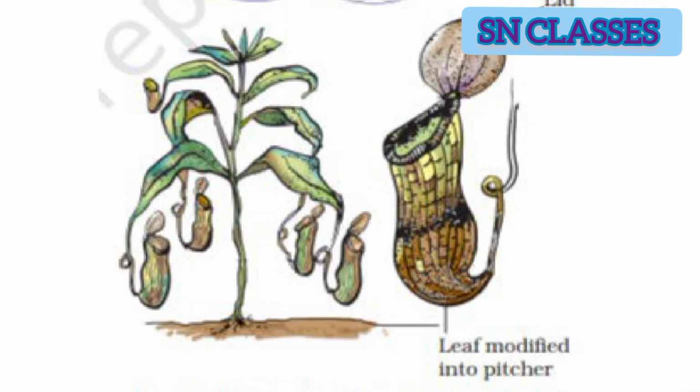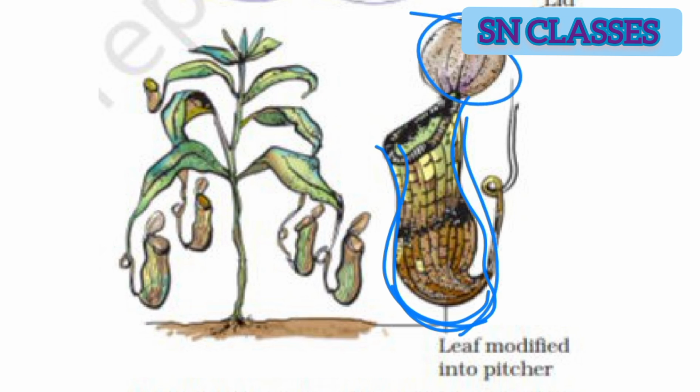Now let us move on to the next slide, the pitcher plant. This is a pitcher plant with a jug-like structure, where the leaves are modified into a jug-like pitcher. Here this is the lid, or cap-like structure, where an insect falls into this jug-like structure, and after the insect falls into the pitcher plant, this cap will close.